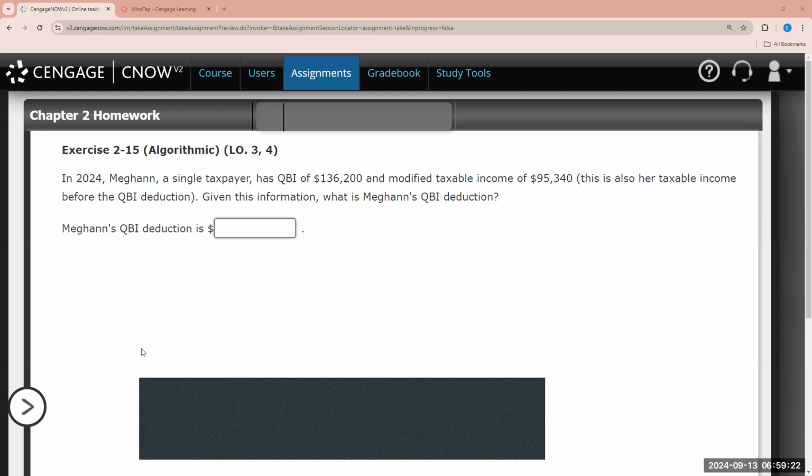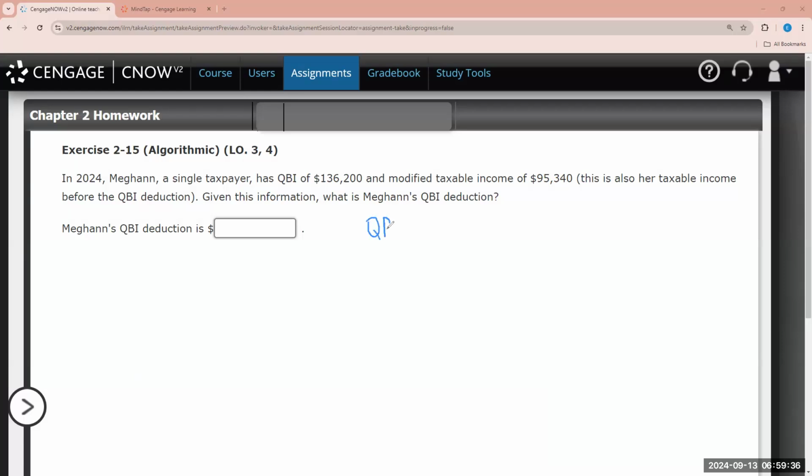So based on this information, we see here QBI is 136,200. We multiply it by 20%.